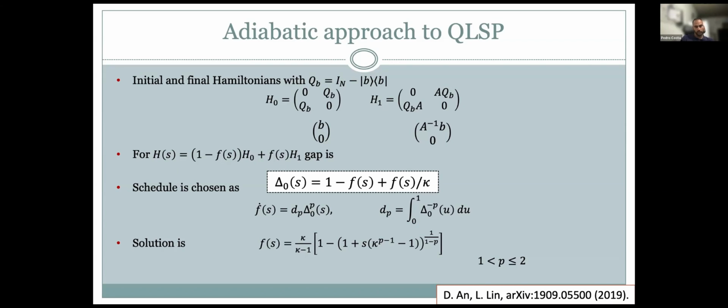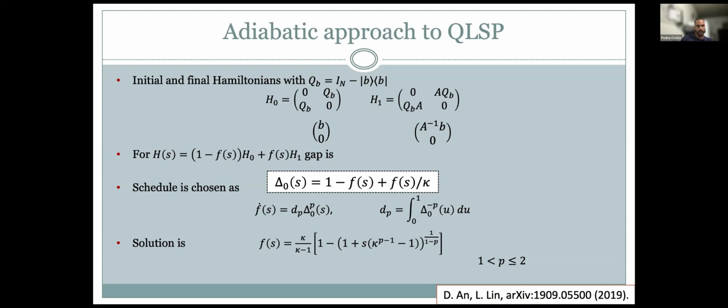But the idea for a good schedule is that we would like to slow down the evolution as the gap gets small, right? So the smaller the gap is, the slower we evolve. So as you see here, the rate of the schedule function should decrease as the gap gets small.